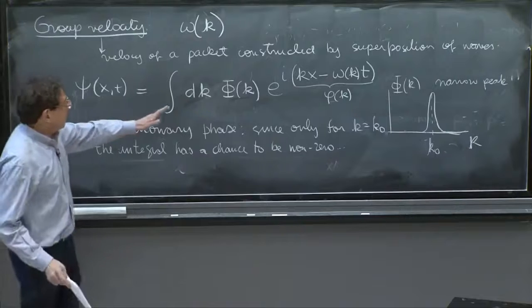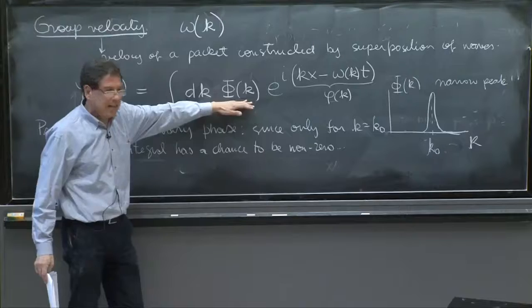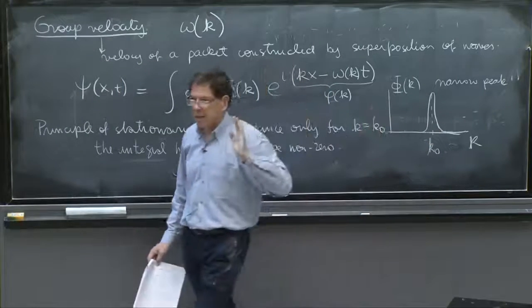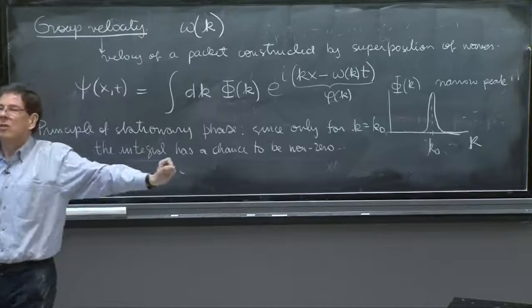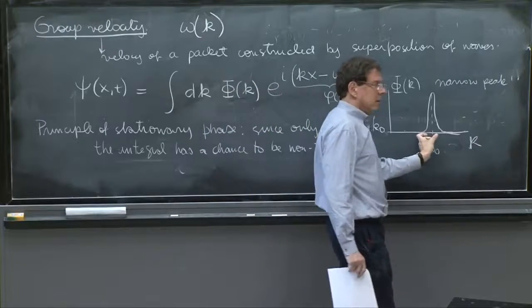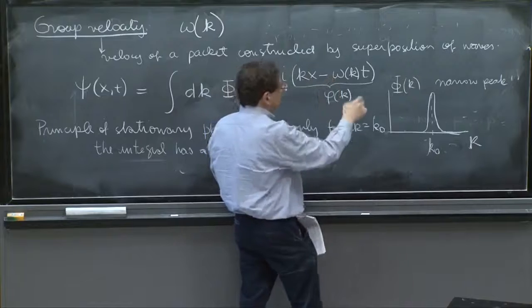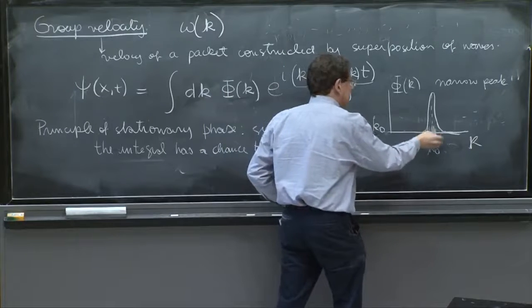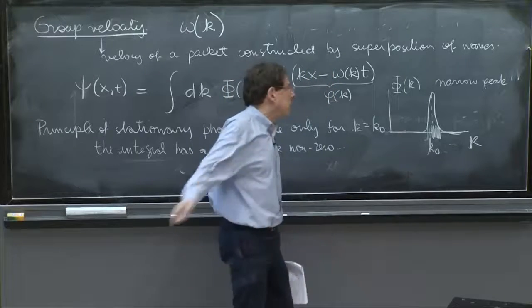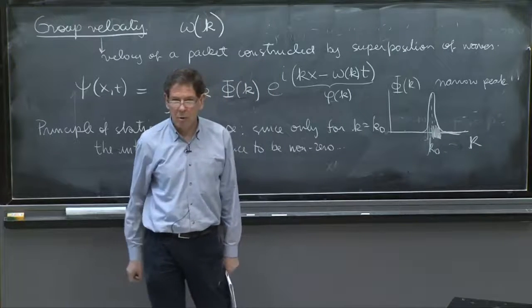So here's what I'm saying. Look, the only place where this integral contributes, we might as well integrate from k naught minus a little delta to k naught plus a little delta, because this whole thing vanishes outside. And if we're going to integrate here over this thing, it better be that this wave is not oscillating like crazy, because it's going to cancel it out. So it better stop oscillating there in order to get a contribution.